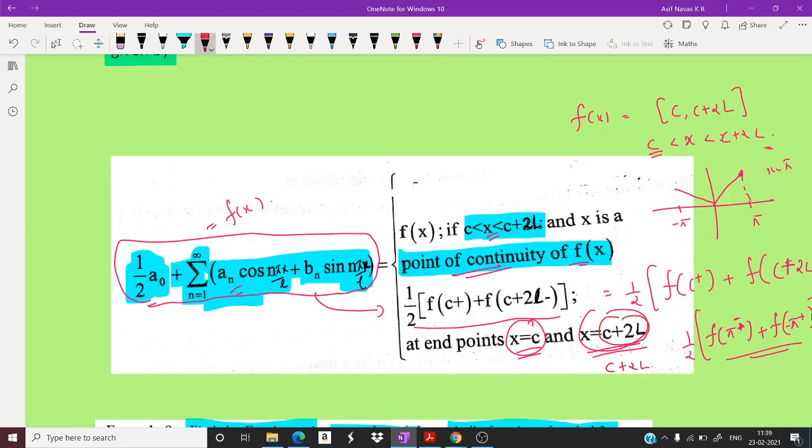So c is minus l plus. So this is x equal to pi. If x equal to pi, then we have f of pi minus, and minus pi plus, c here.